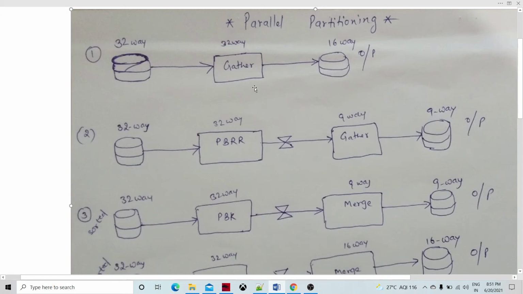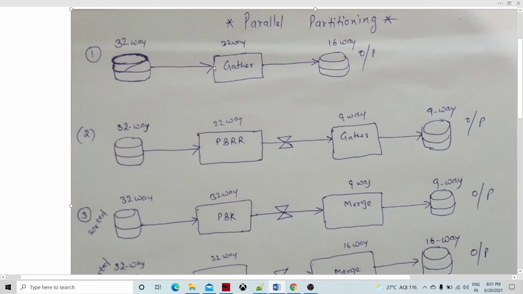The simple answer is you use the departition component, if the reduction is a multiple: 16 into 2 is 32, so 32 is an exact multiple of 16. Just use the gather, but the gather should be running on the target way. I labeled it wrongly. It should be running on 16-way parallel, so I should specify here that it is 16-way.